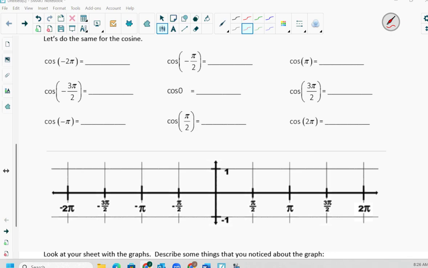Here, let's label one. This would be negative pi over 6, negative pi over 4, negative pi over 3, negative pi over 2. You're just traveling all of those routes. So negative 2 pi over 3. Oh, sorry, not that here. That's negative pi.